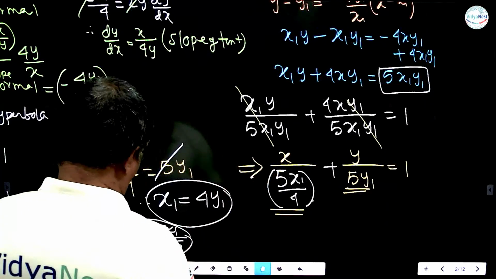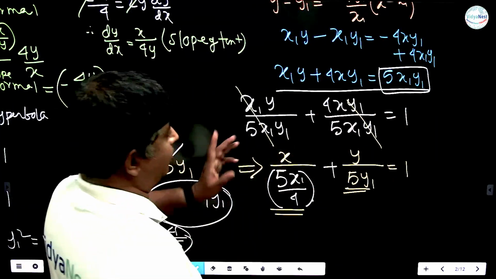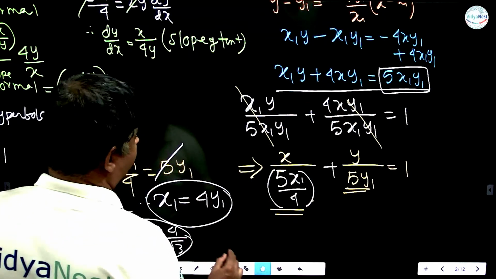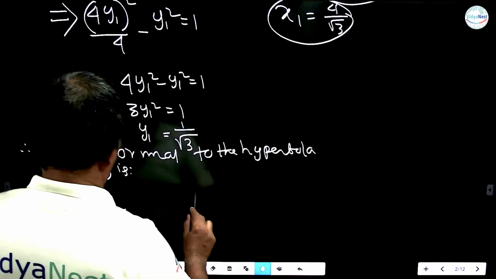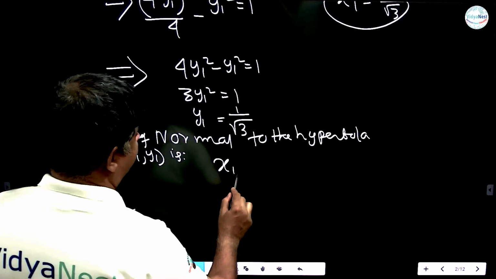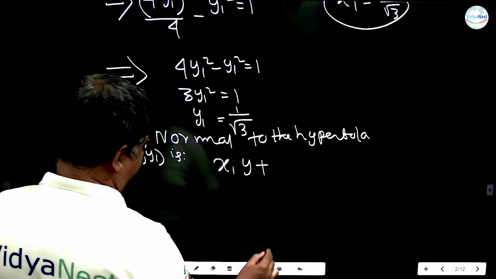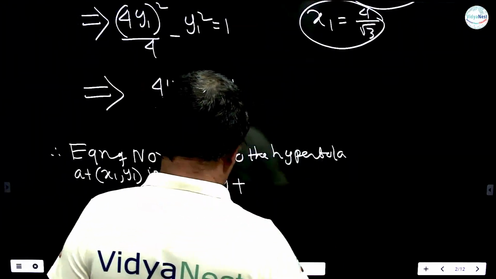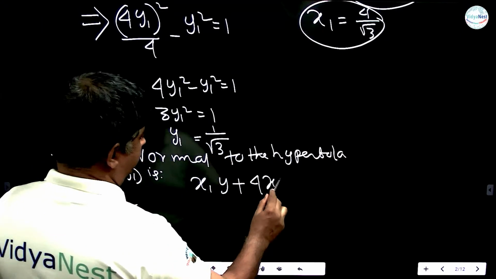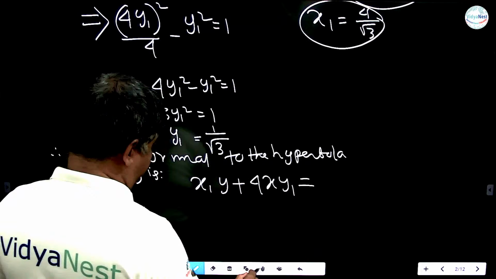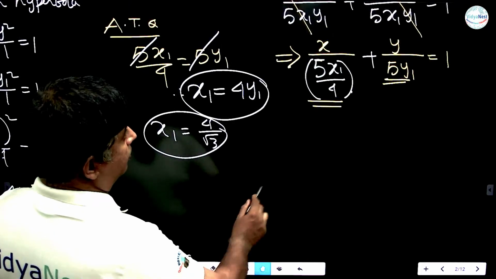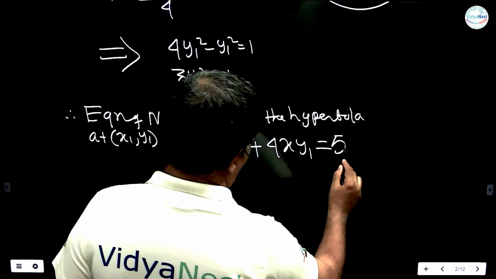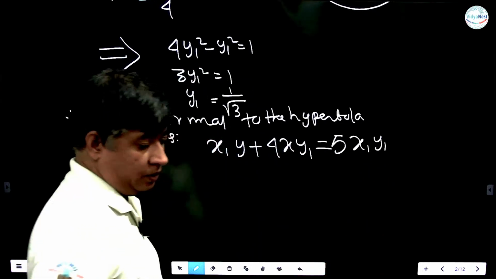That was the equation of the normal. Yes or no? x1y plus 4xy1 is equal to 5x1y1. Okay.